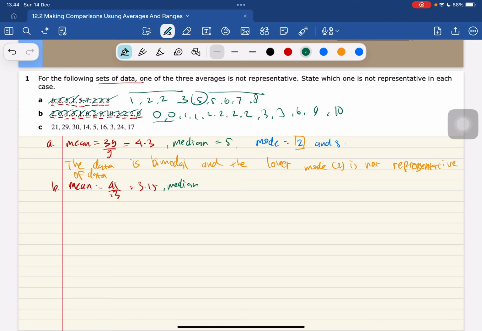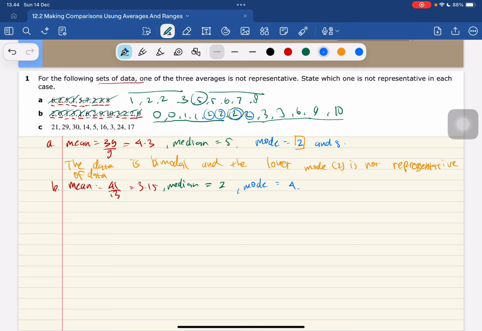So 13 numbers, 6 on each side. Okay, this is the median. Median equal to 2, and the mode, the most common, is 2, which appears 4 times.